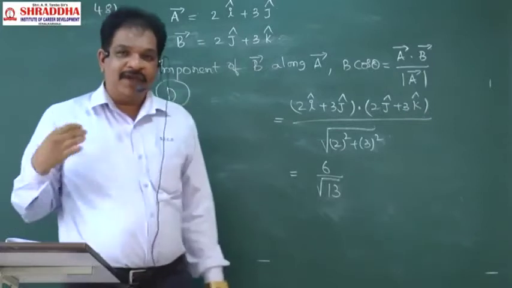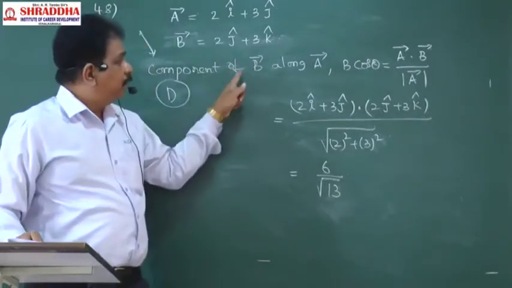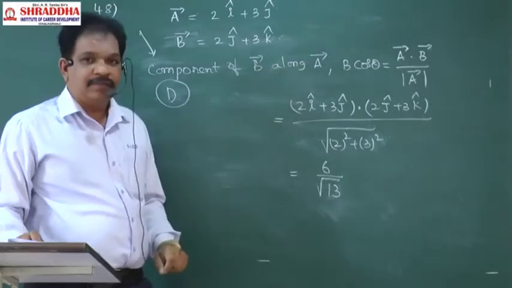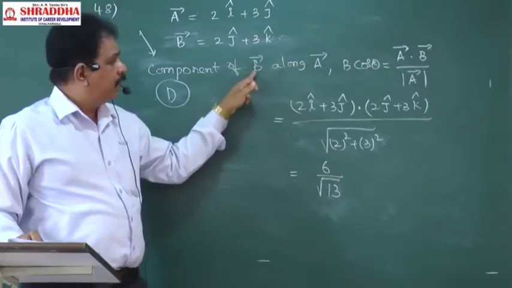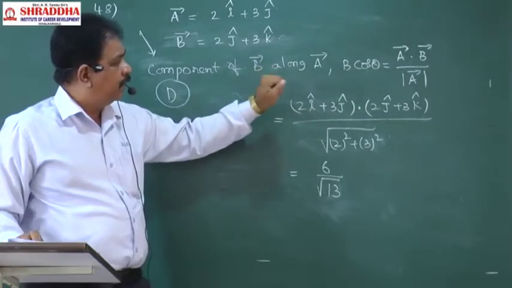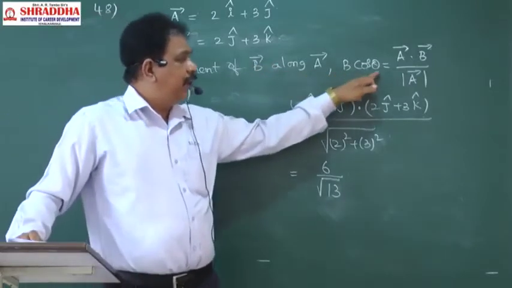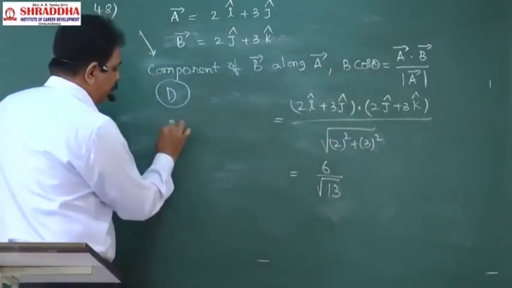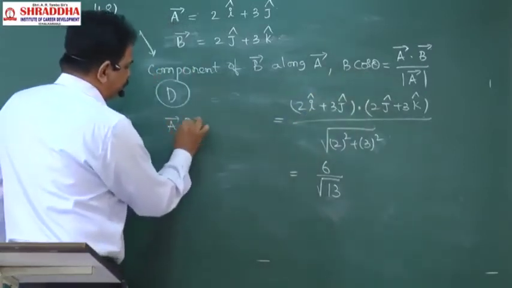For example, if they ask like this, component of A bar along B bar, that will be A cos theta. So A bar dot B bar formula already you know, na?